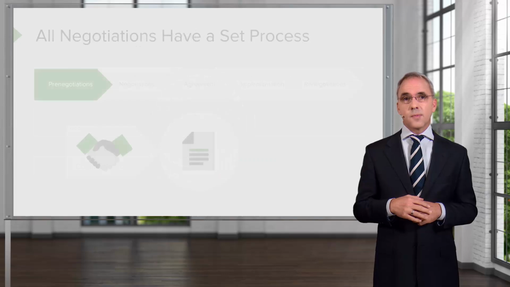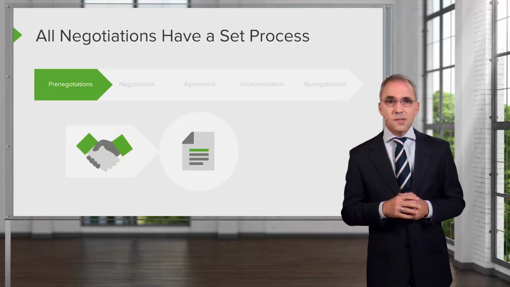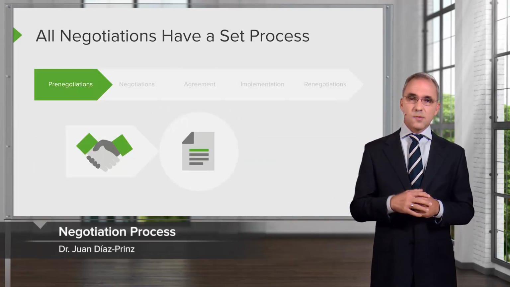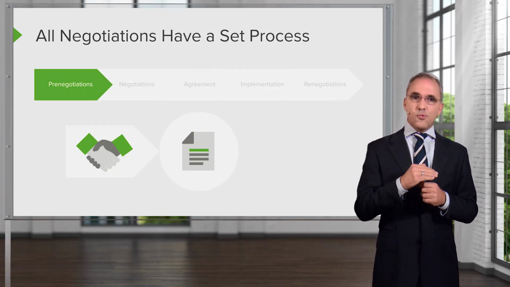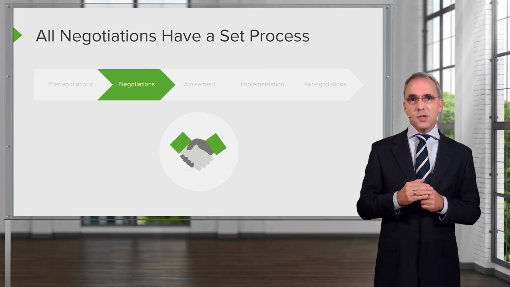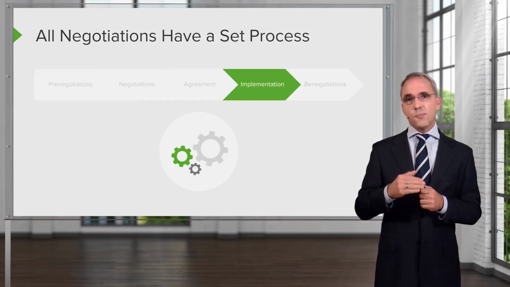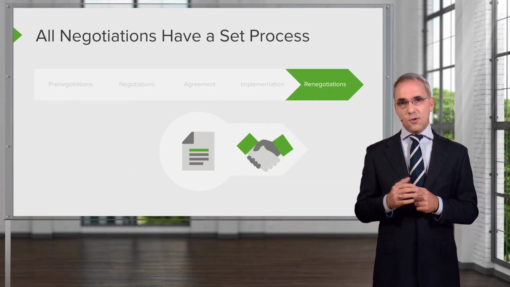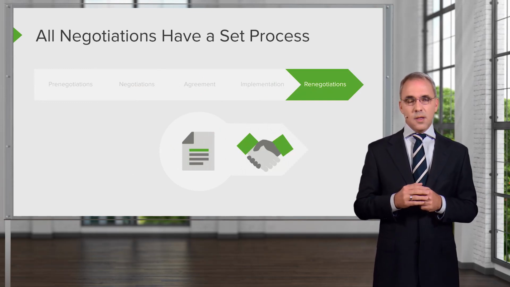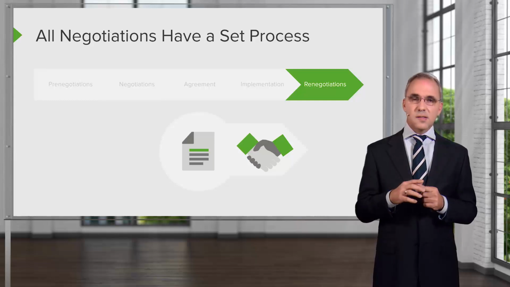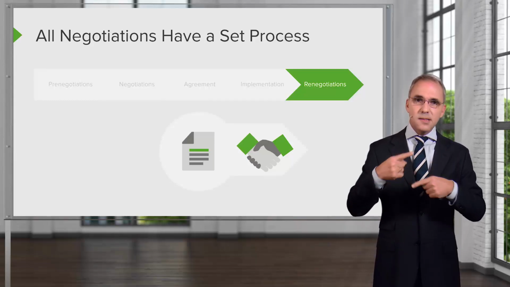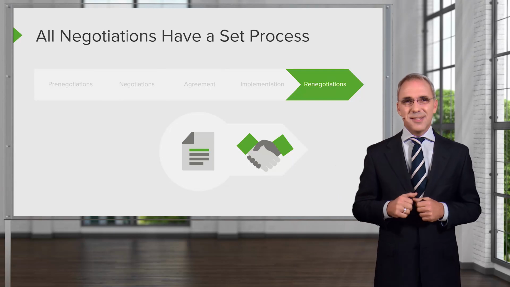Now, all negotiations have what we call a set process, which leads us all the way to agreement. It has a pre-negotiation, a negotiation, an agreement, an implementation, and then renegotiation stages. The thing for Barbara and Maria is how to structure these phases in a way that builds momentum leading towards an agreement.